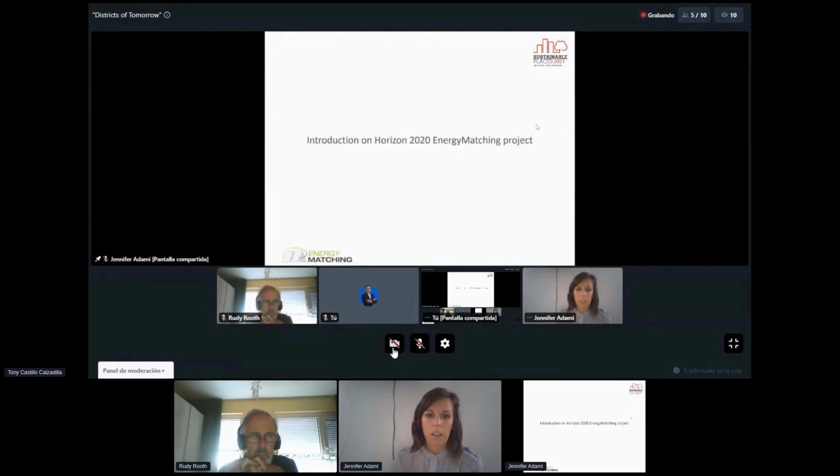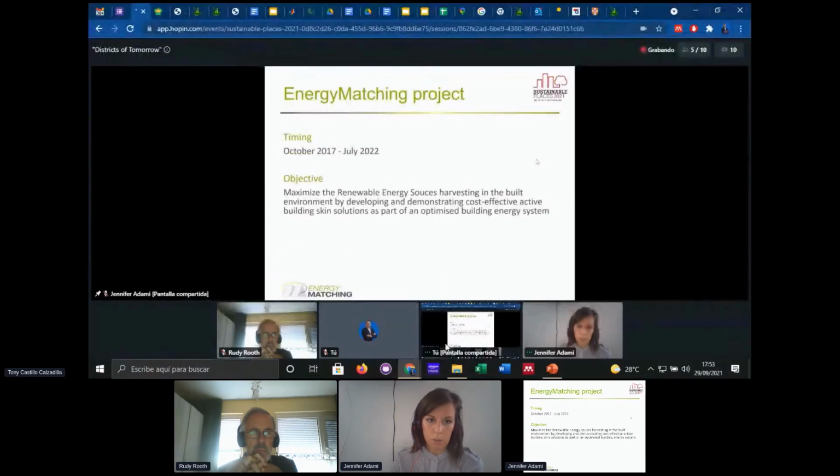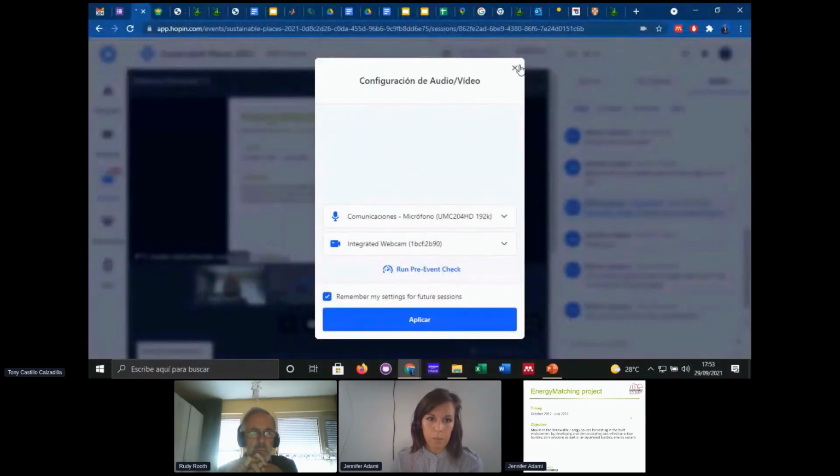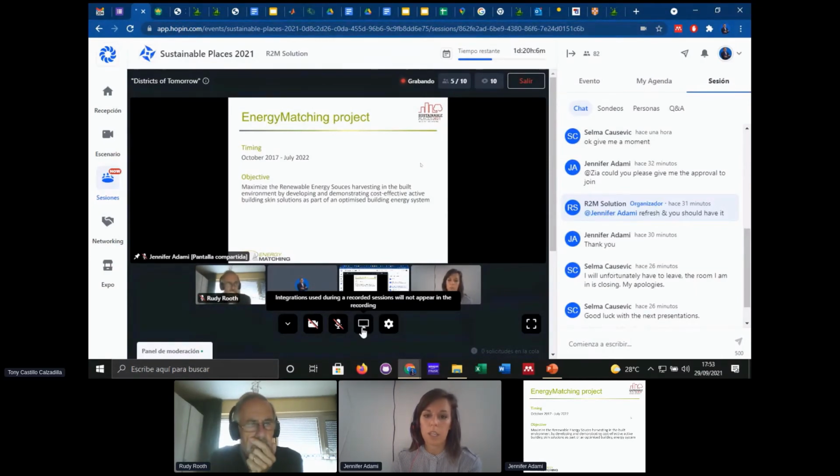Just briefly, this project started in 2017 and is still running till 2022. The objective of the project is to maximize the renewable energy sources harvesting in the built environment by developing and demonstrating cost-effective active building skin solutions as part of an optimized building energy system.